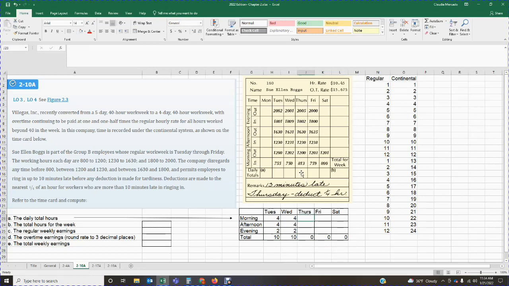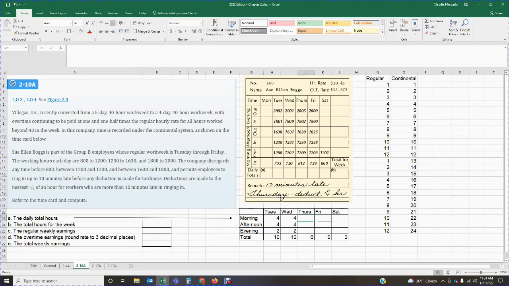Now let's look on Thursday. On Thursday, we have a problem. On Thursday, the employee clocked in at 8:13 when they should have clocked in at 8. They were 13 minutes late. Right here, 13 minutes late on Thursday. We have to deduct 1/4 of an hour, okay? So, usually the employee works 4 hours.